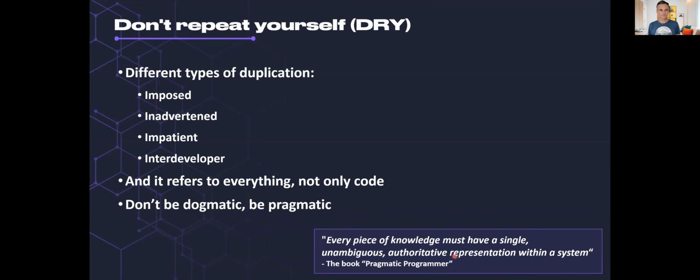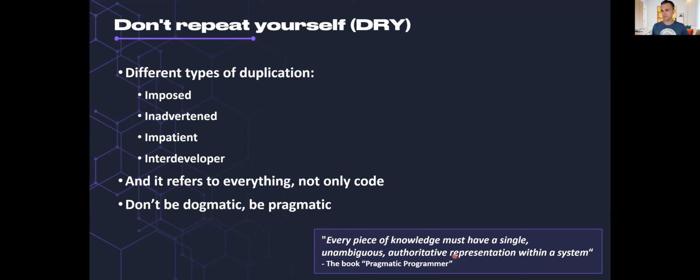But, of course, when we are talking about this concept, try not to be dogmatic, but pragmatic. Why? Because when you strive to eliminate repetition, you might create tight coupling between unrelated components. Even in one module, you might extract common functionality too early, and this can result in unnecessary abstractions that are difficult to modify or extend. So sometimes it's fine to duplicate stuff.